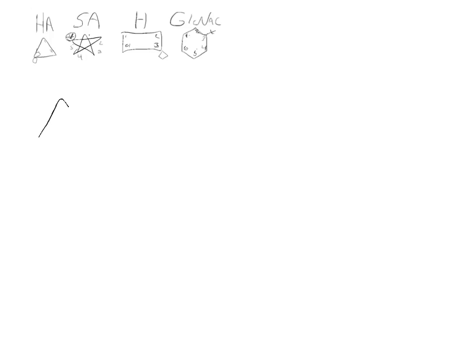So if we take hyaluronan, we take carbons 1, 2, and 3, and now we add our little modification to carbon 3 here. Our first linkage was a 2,3 to sialic acid. So here's our sialic acid molecule.